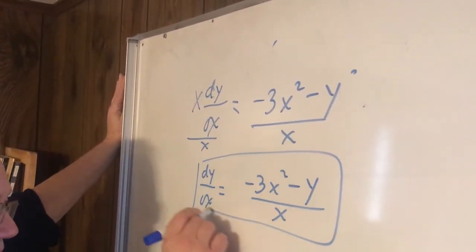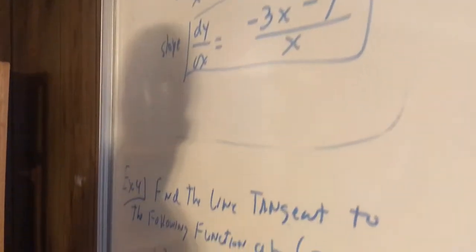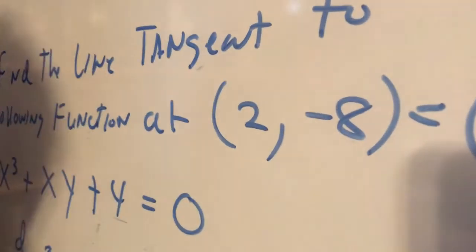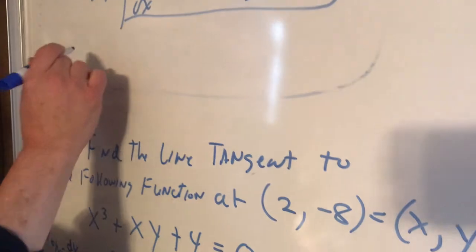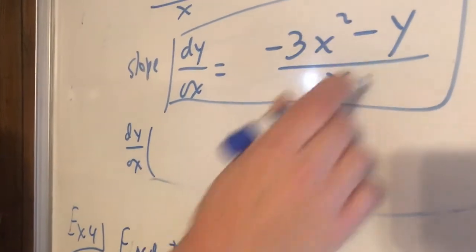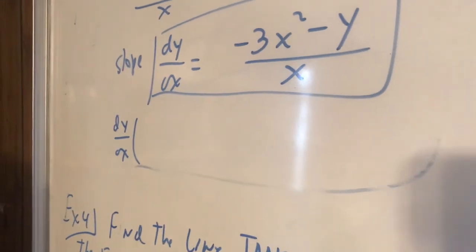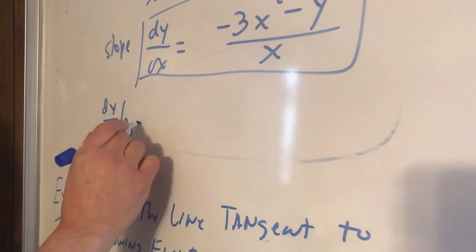This actually is my slope of the line I want. But in order to find the actual slope, the slope is a number. So I have to find dy dx. Notice I need both x and y here. What did they give us? They gave us 2 and minus 8.